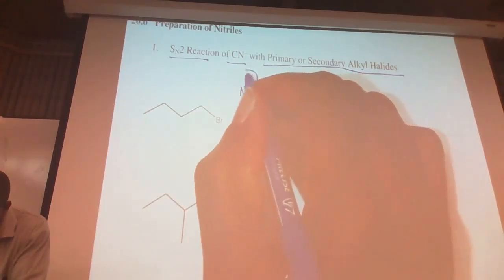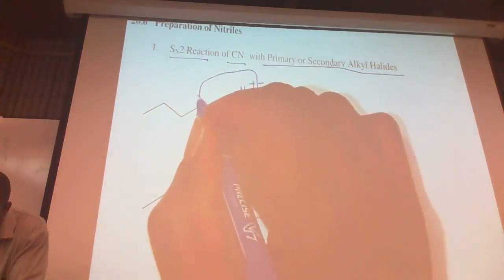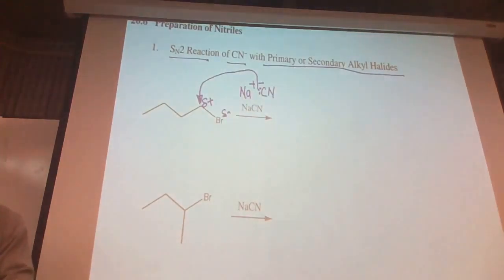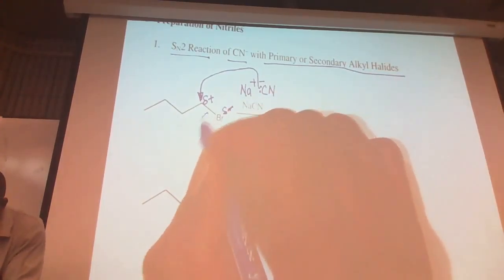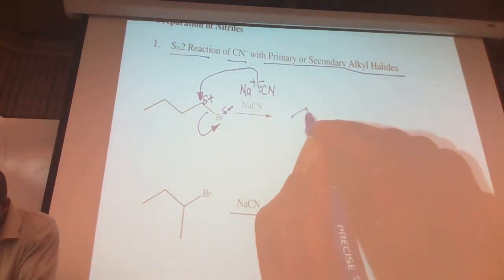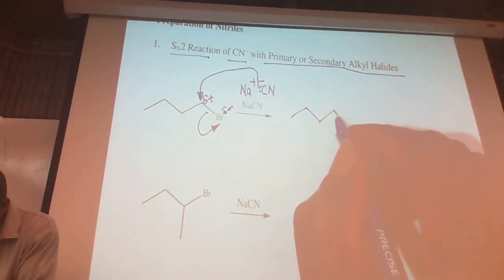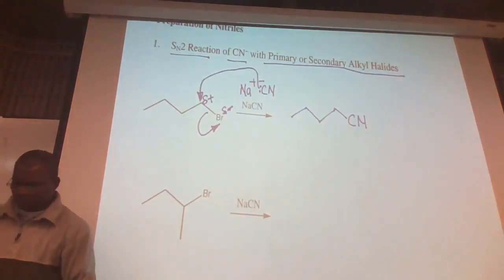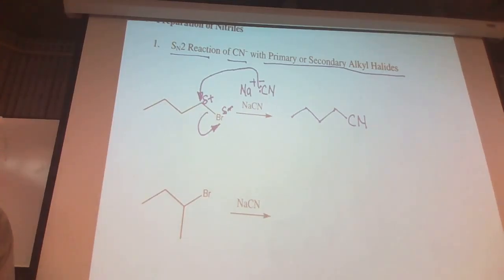So this can act as a nucleophile, attacking the electrophilic carbon of the alkyl halide, kicking out the halogen. So now you have CN in place of the halogen.